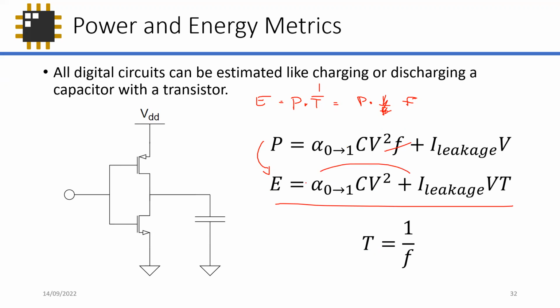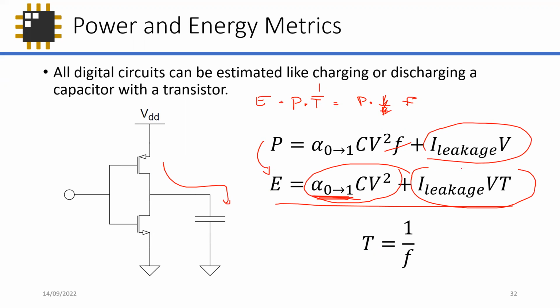So this factor over here is independent of time, right? That's why I was saying earlier that the amount of energy that you use to charge or discharge a capacitor is independent of time. We don't care. But what we care about rather is how many times we are actually switching the logic gate. Now, of course, leakage here is the leaky currents that are going through.